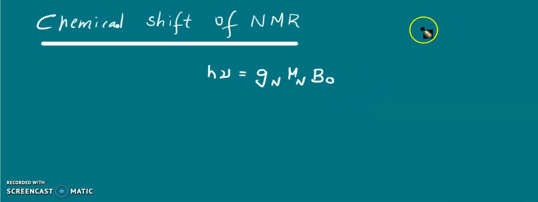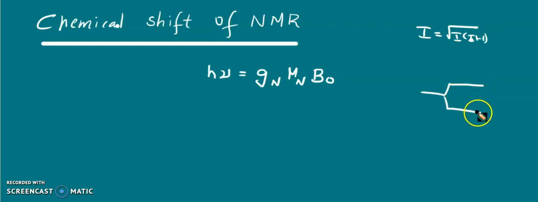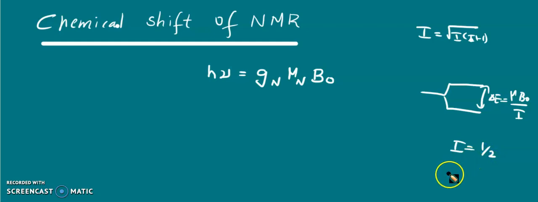If we use the approximation I equal to root of I into I plus 1, we also get that the energy separation between the proton spin up and proton spin down configuration is given by delta E equal to mu B0 by I. For protons I is equal to half, and therefore the energy separation is 2 mu B0.